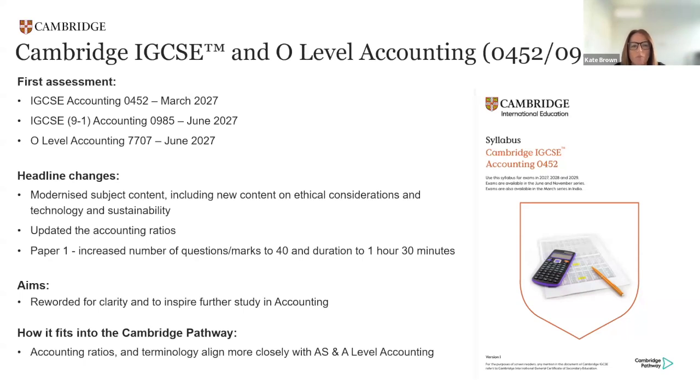We've also updated the accounting ratios, and in paper 1 we have added 5 extra questions and have increased the duration. We've also updated the aims slightly for clarity and to ensure that they inspire further studying in accounting, and they also reflect the updated subject content.